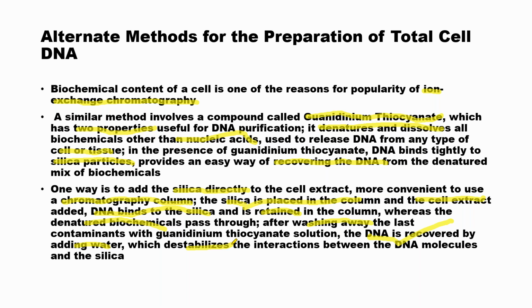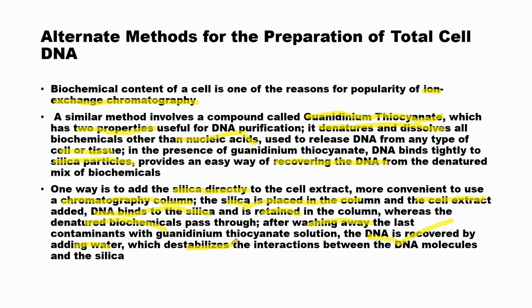So the method is very simple here. Similar to ion exchange column chromatography, which we already studied in the last class, here also we will have a chromatography column made up of an inert material such as plastic. What is the stationary phase? Here the stationary phase is silica, that is, the column is filled with silica matrix. Fine. Then we add the cell extract, which consists of DNA, RNA, proteins and even carbohydrates in the case of a plant cell extract.